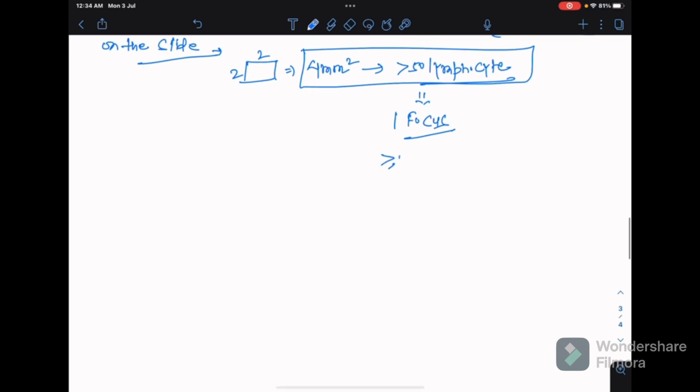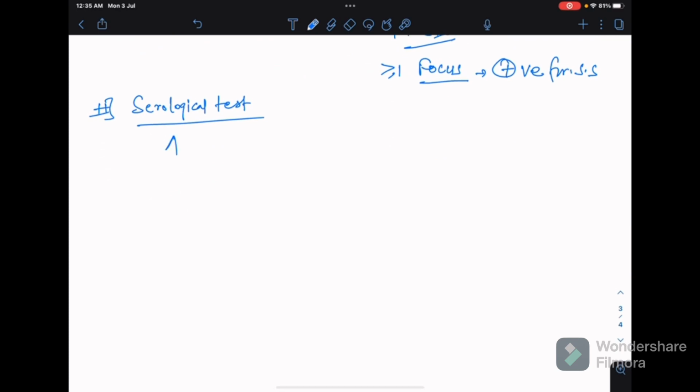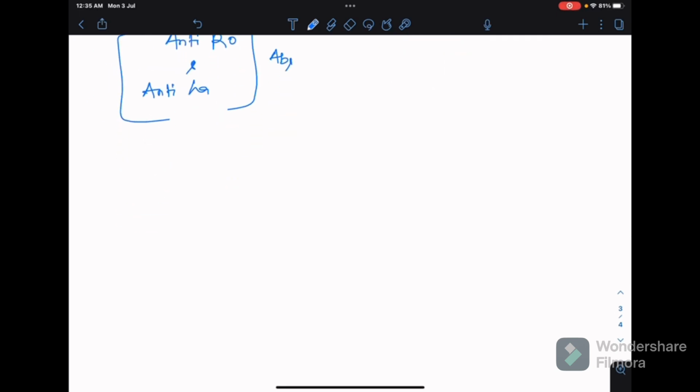And if you see more than one focus, then we will say that this sample is positive for Sjogren syndrome, right? Now, on serological examination, we check for anti-Ro and anti-La antibodies, right?